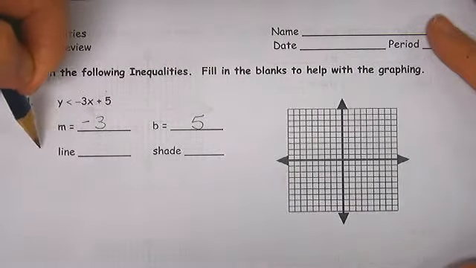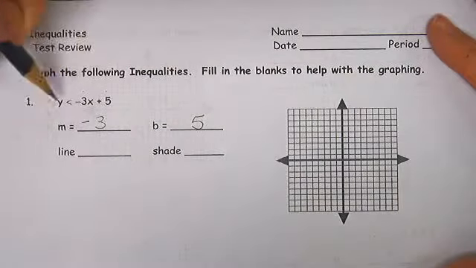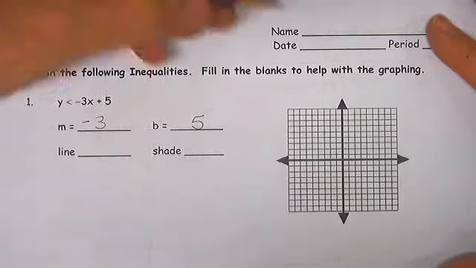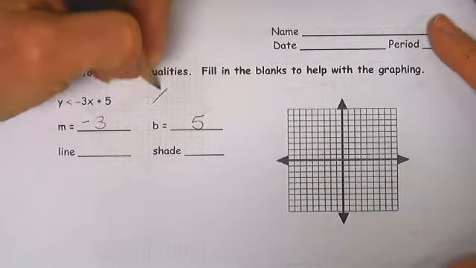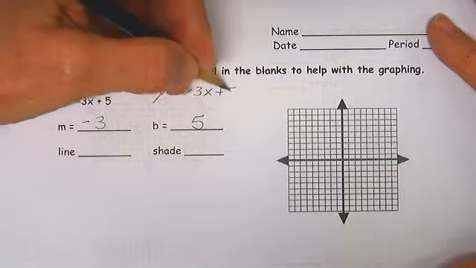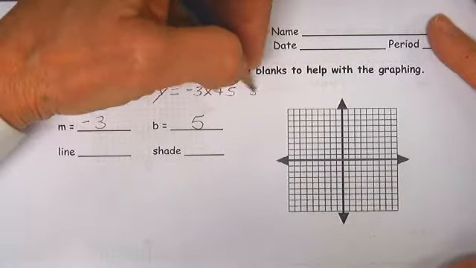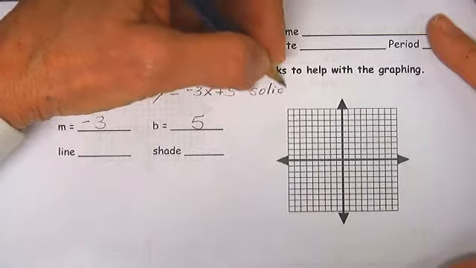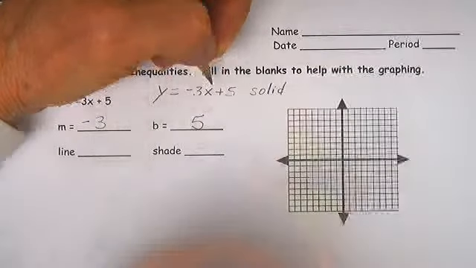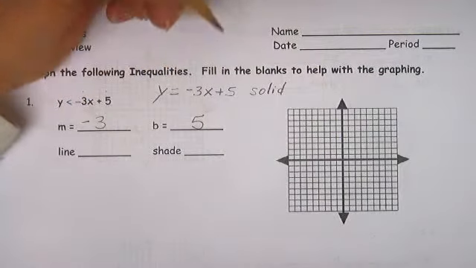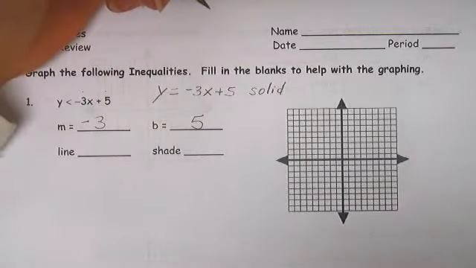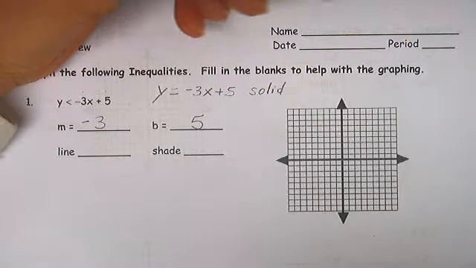When they ask about line, they are saying, is it solid or is it dotted? Now, y equals negative 3x plus 5, of course, is a solid line because we can use any real number for x. The square root of 2, the square root of 17, pi, whatever.